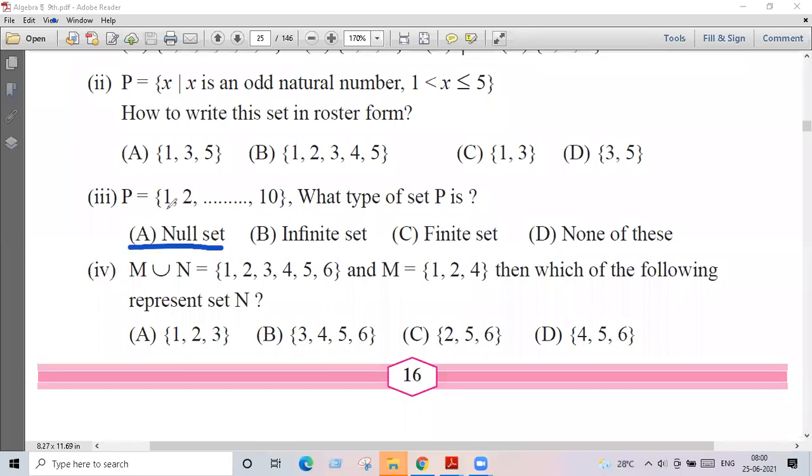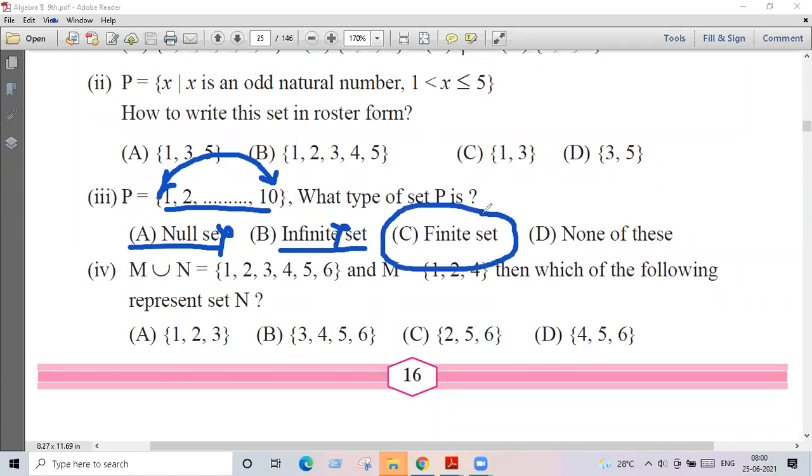It cannot be null set because elements are already given. It cannot be infinite because for infinite you have dotted lines at the end. You can count from 1 to 10, so it can be counted. Therefore it is a finite set.